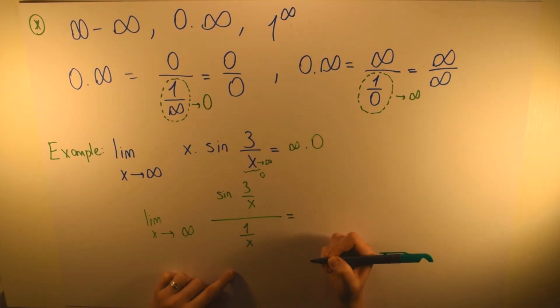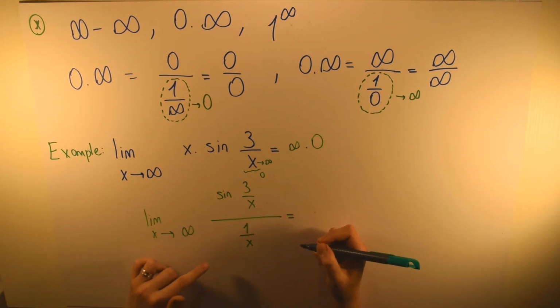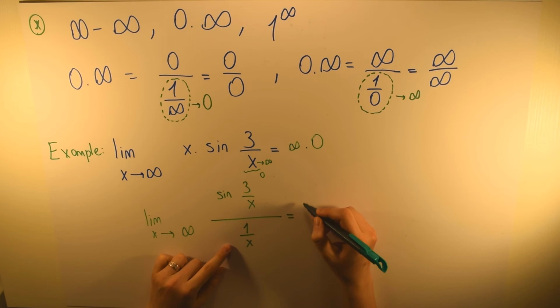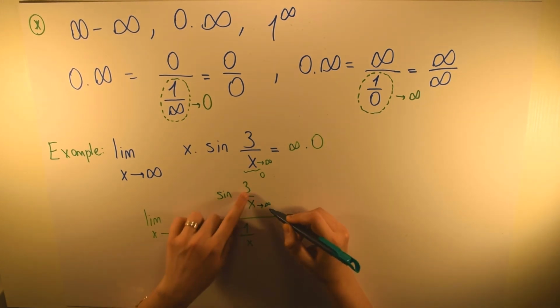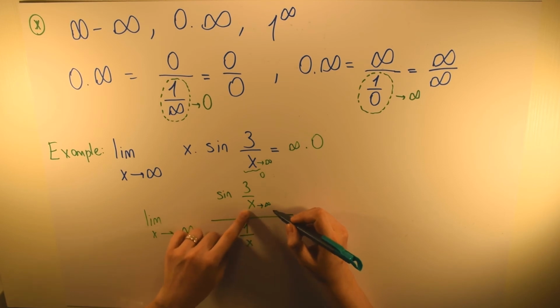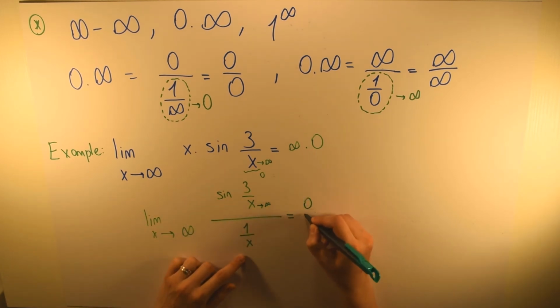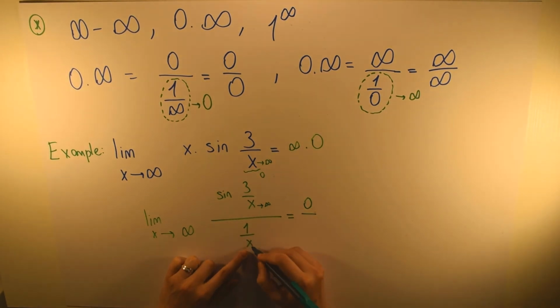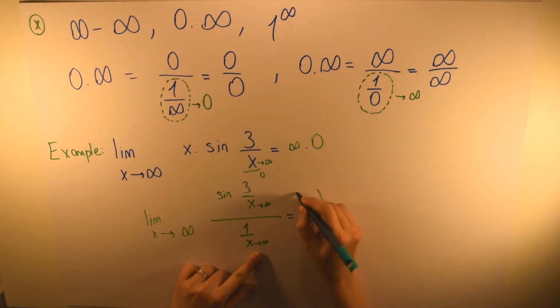So from here, as you can see, when I put infinity instead of x, I still get 0 over 0. Because when I put infinity here, 3 over infinity is equal to 0, and sine 0 is equal to 0. So this is equal to 0 over 1 over x. So when I put infinity here, 1 over infinity is also equal to 0.